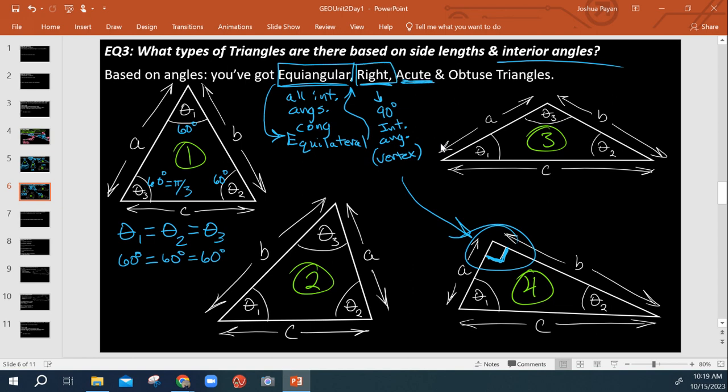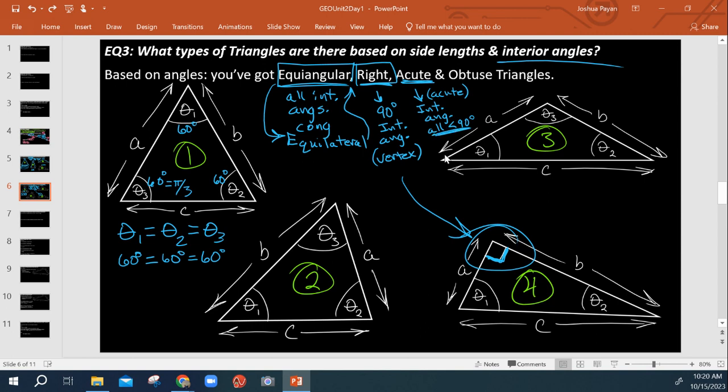Okay, acute triangles, the interior angles are all less than 90 degrees, meaning they're all acute. So triangle 3, we see this guy's obviously acute, this guy's obviously acute. However, theta 3 here, that's greater than 90. Triangle 4, we've got an angle precisely equal to 90.